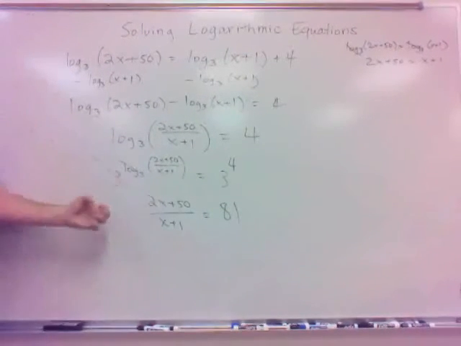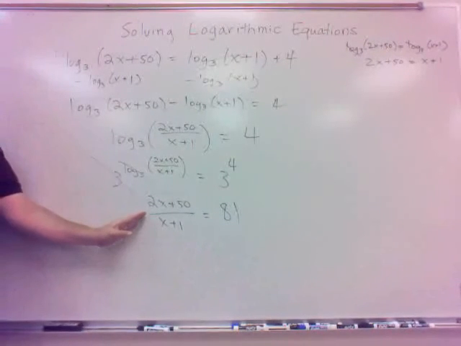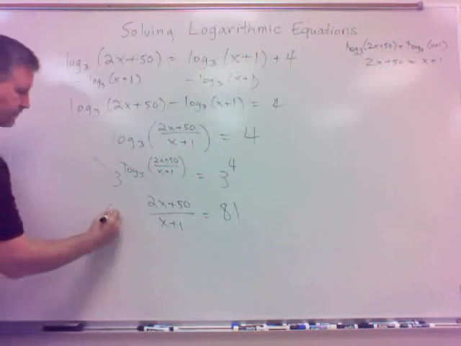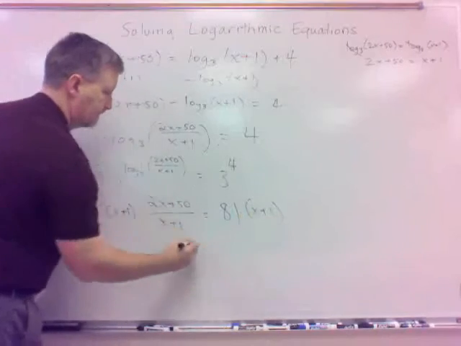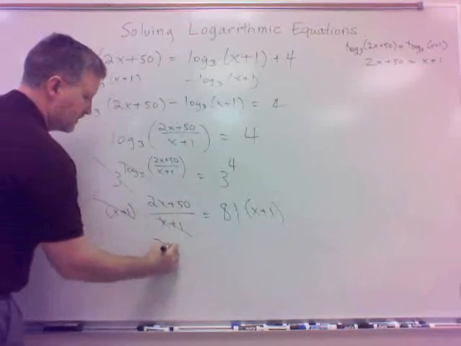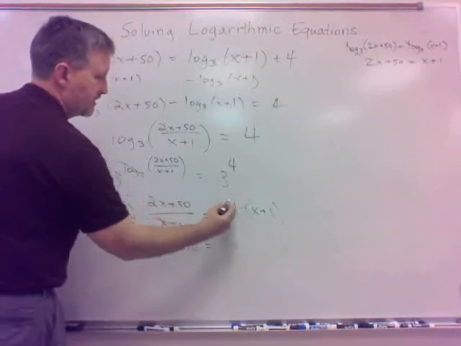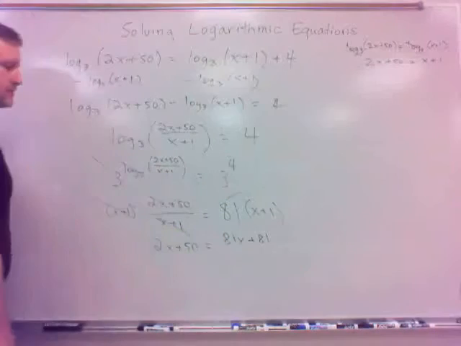So again, this one is just like the previous one, because now we've got a fractional equation. Multiply both sides by x plus 1. That cancels out the x plus 1 on the left, and so we have 2x plus 50 equals, and this you do have to multiply the 81 by both, so it'll be 81x plus 81.